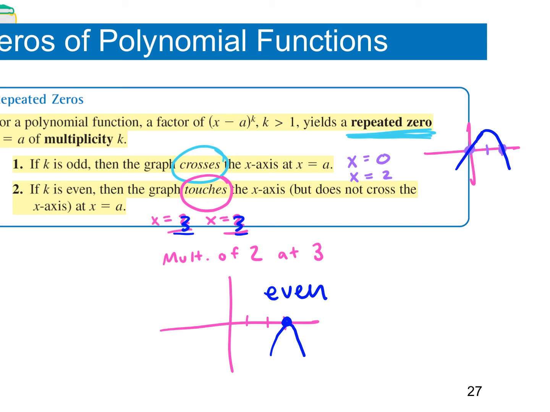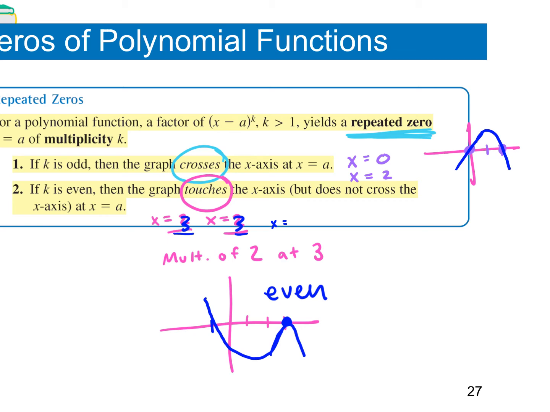Like there's another x value. So if there were another x value at -1 here, it would go back up through. So x equals 0 and x equals 2 is when it's odd, because there's only one of them for each. So it's odd, so it goes through.